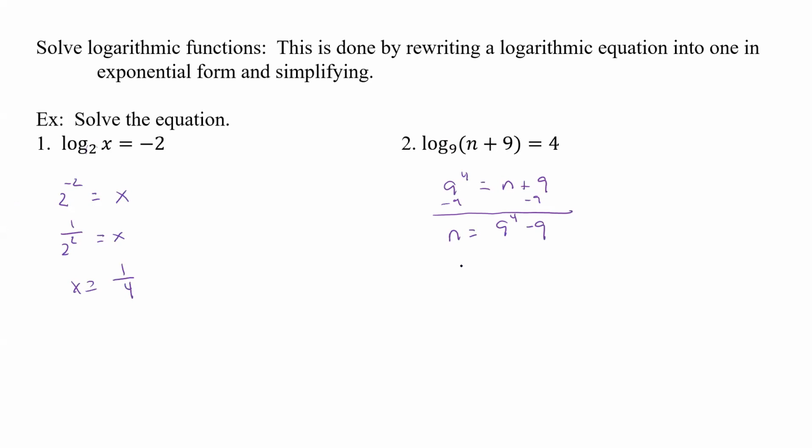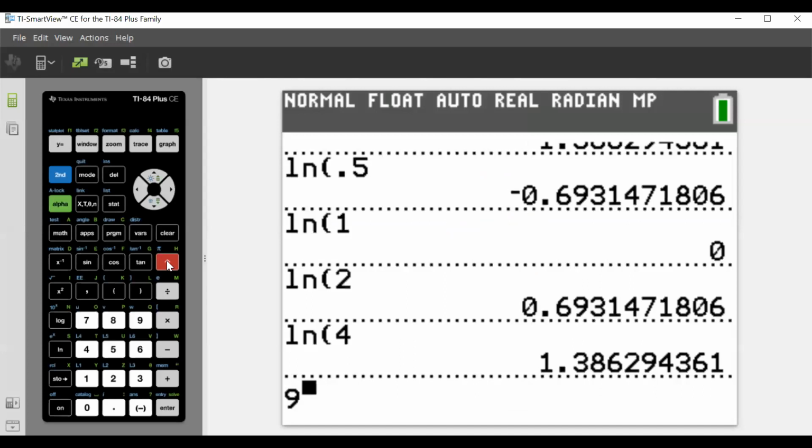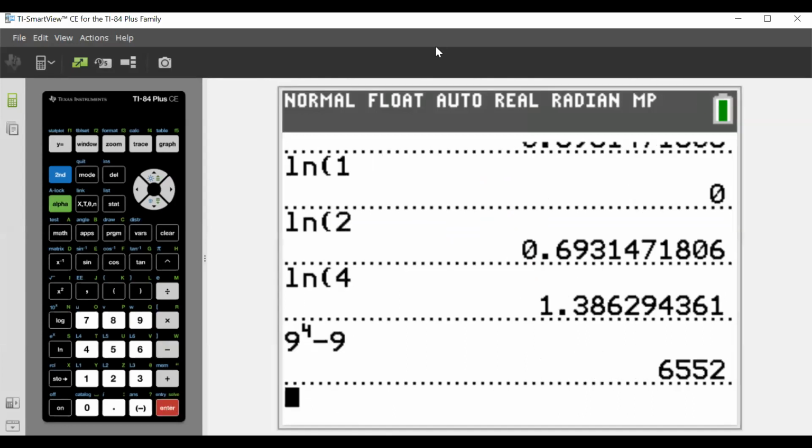And so we get 9 to the 4th minus 9 is equal to 6552. Okay, and so again, it's just a calculator thing. And if you need to see that, basically we're just taking 9, raising it to the power 4, and then minus 9, and we get our 6552. Okay.